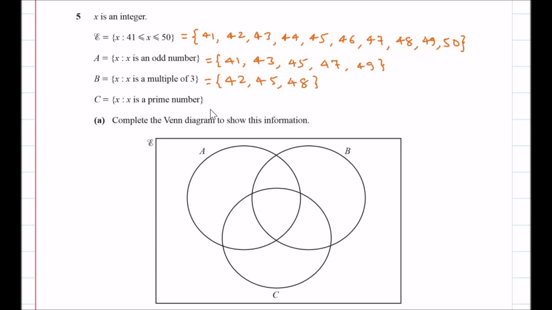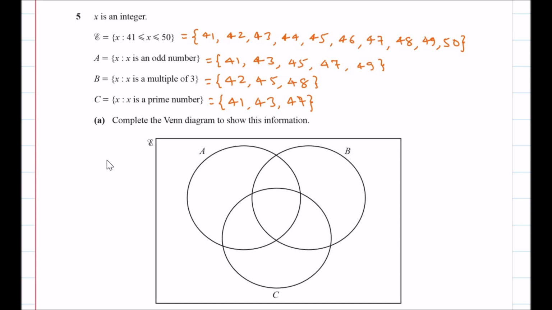Only 3 numbers are there which are multiples of 3. And C is such that x is a prime number. So prime numbers from this we have 41, 43 and 47. No other prime number. Okay. So we have listed out the elements.